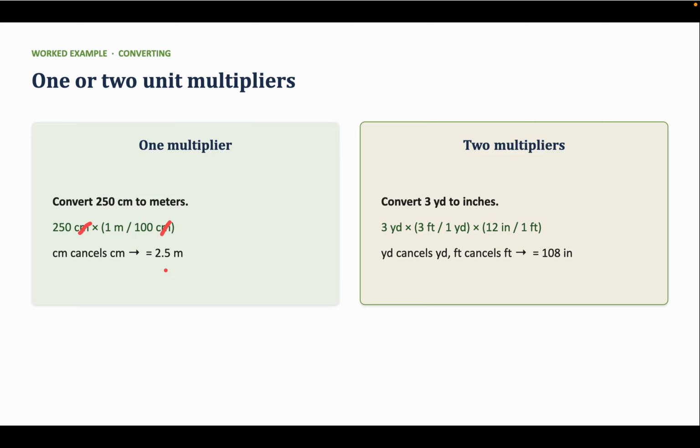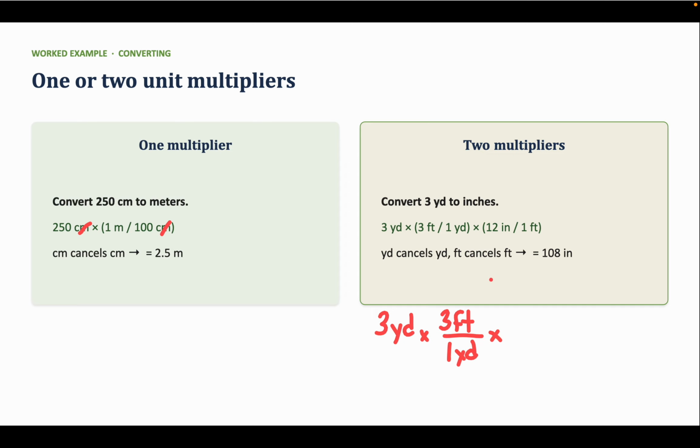And here's a case where we need 2 multipliers. We're converting 3 yards to inches. Again, I'm going to write this a little bit differently so you can see how the units cancel out. So 3 yards, and the unit multiplier we're going to use is 3 feet for 1 yard.